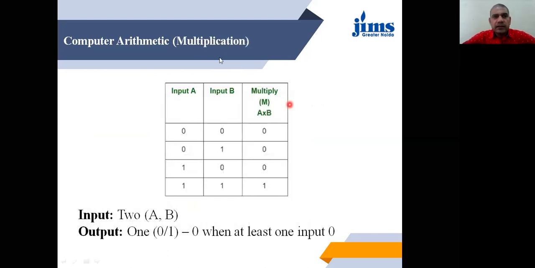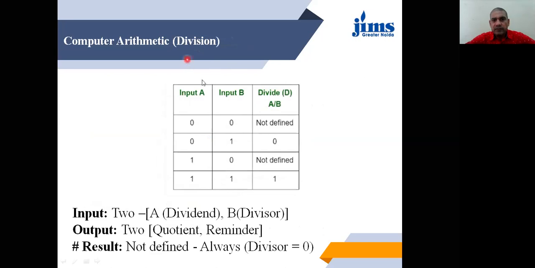In multiplication, there is only one output, and the output is 0 when any of the input is 0. In case of division, when a number is going to be divided by 0, in that case the result is not defined, means undefined.